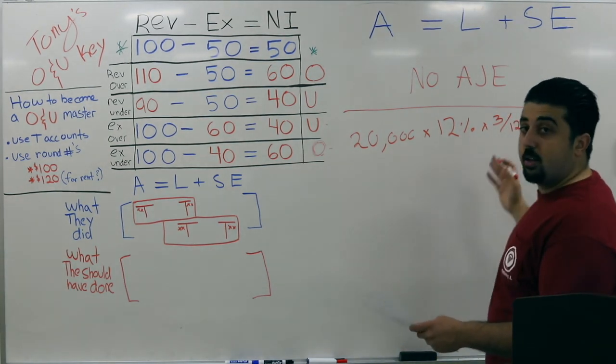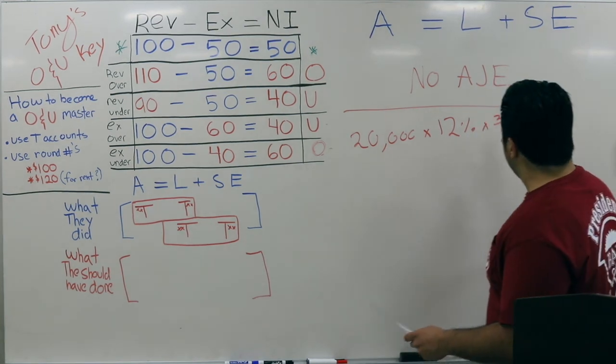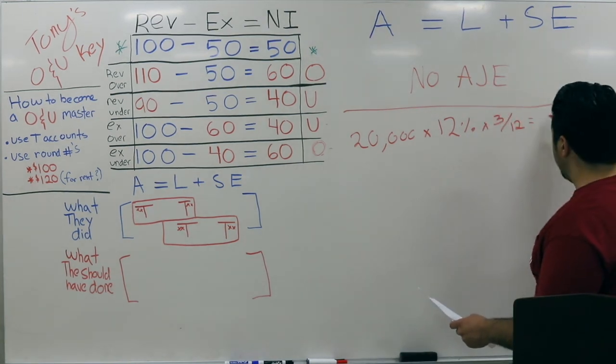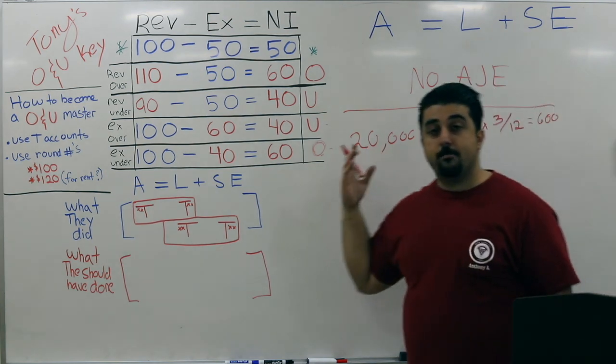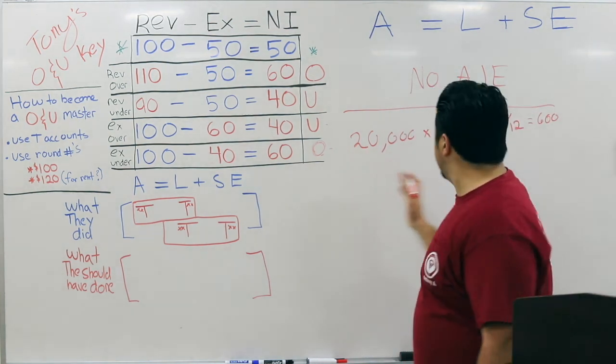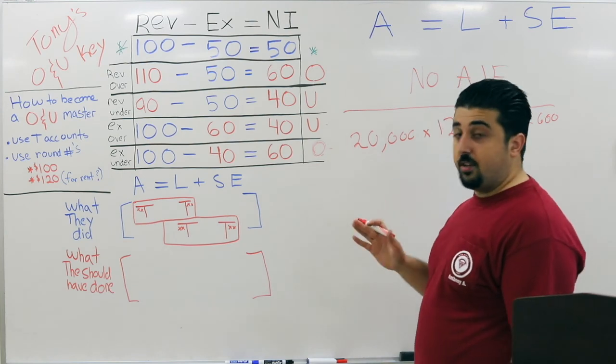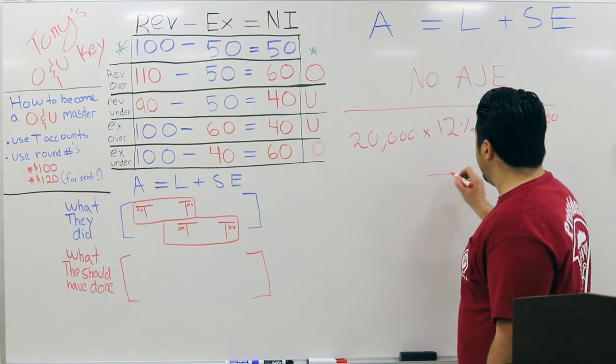So 3 months of the year. So you go like that equals 600. So they forgot to expense $600 worth of interest.